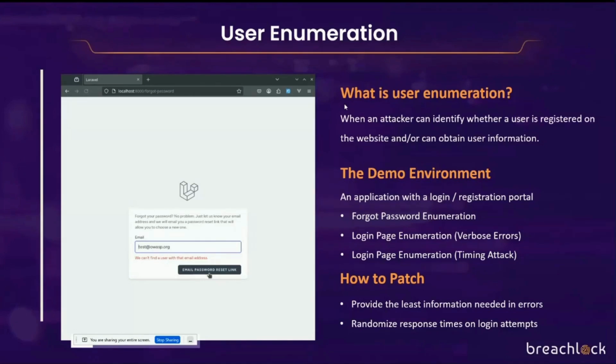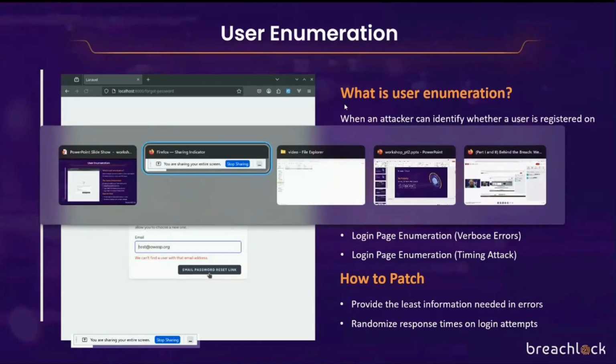The way to deal with this is to make errors that are very generic, so that for me as an attacker, it does not give more information than I need, but also to randomize responses on login requests just enough so that I can't draw a stable baseline to determine whether a user exists or not.